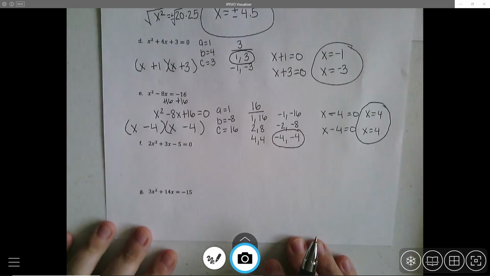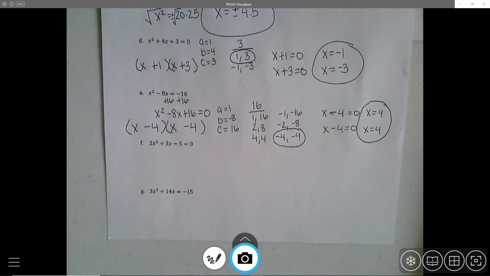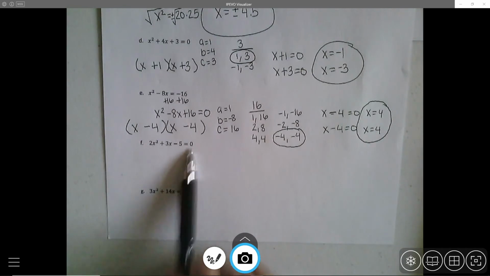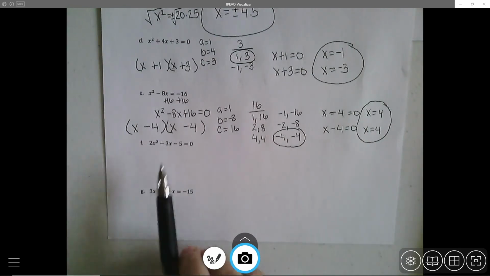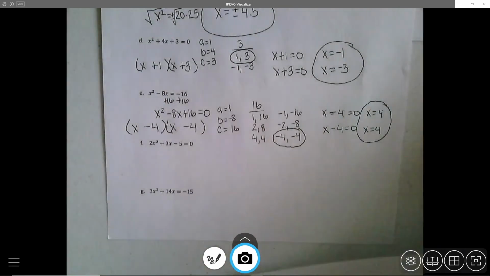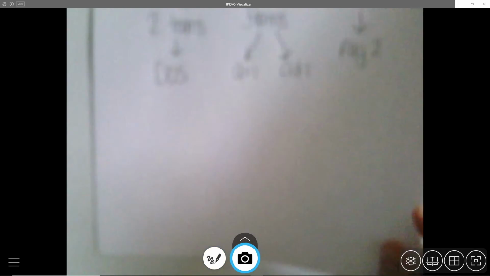Okay, now that we've seen this one on the graph, let's look at our last two problems. First off, here on F, it's already set equal to 0, so I'm good to go. If I'm looking for a GCF, there is no GCF here on F, so I can go right into factoring.